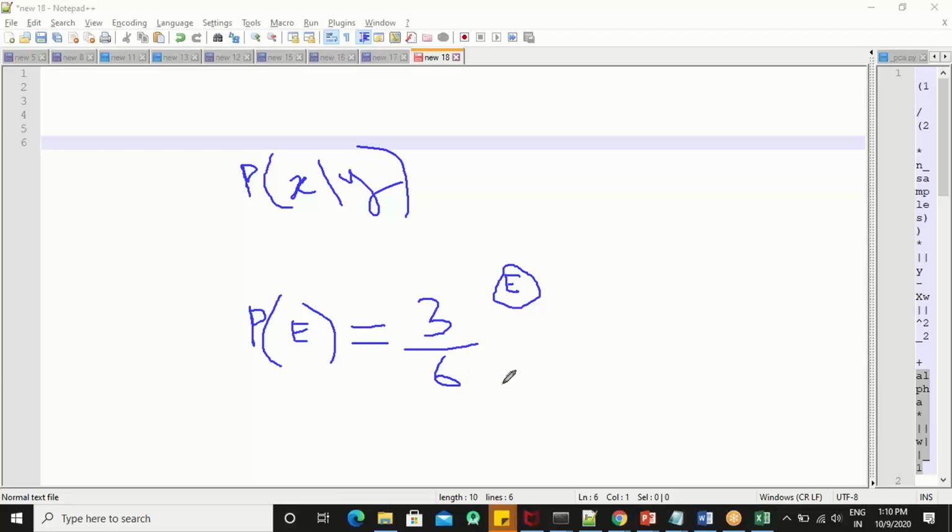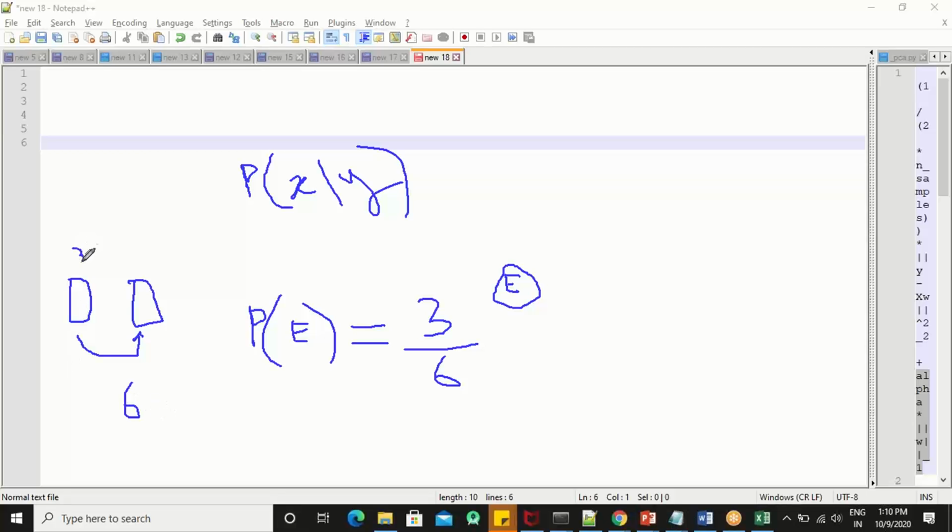Right? Absolutely. Now, say you are throwing 2 dice, dice 1 and dice 2. What is the probability of getting a sum of 6 or greater than 6?